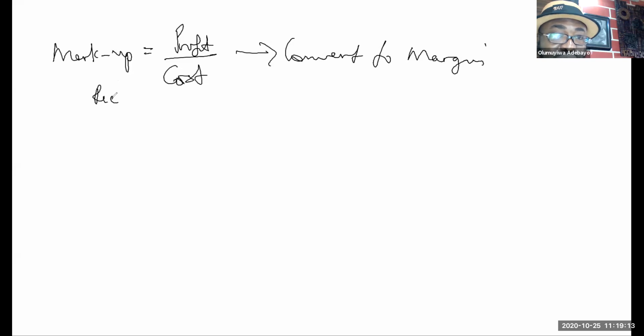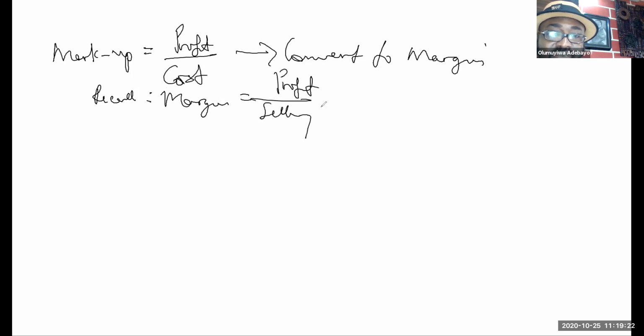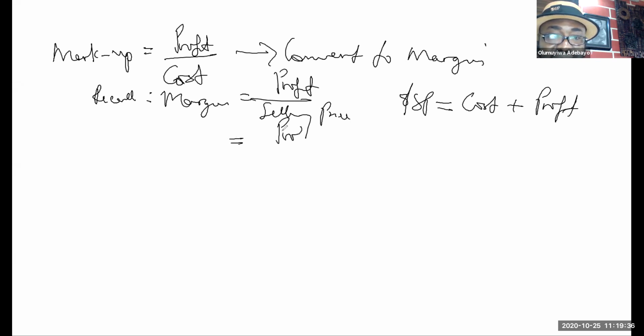The first thing is that you recall that margin is profit over selling price. And selling price is equal to cost plus what? Profit. Which means I can simply say margin is profit over what? Cost plus profit.